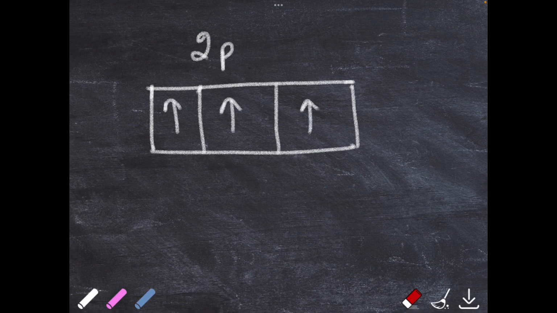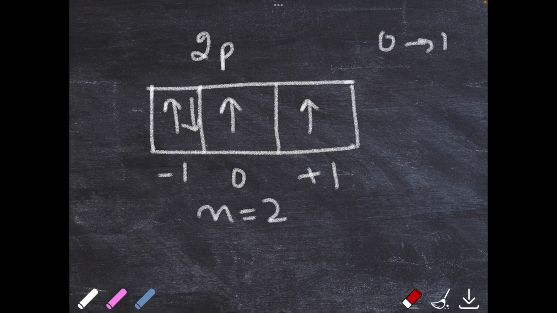Pairing of electrons will occur once you have filled 1 electron each of the orbitals. So this is 2p4. Now here this is -1, 0 and +1. So n is equal to 2. If L is 0, it is s. If L is 1, it is p. So L is equal to 1.